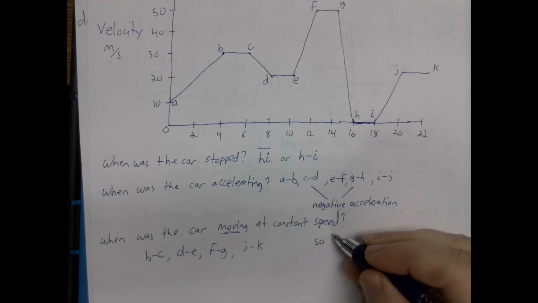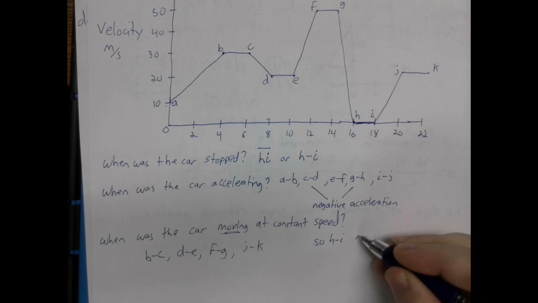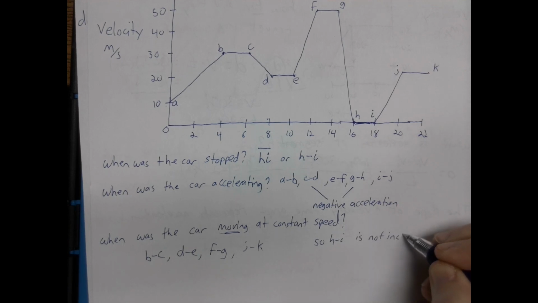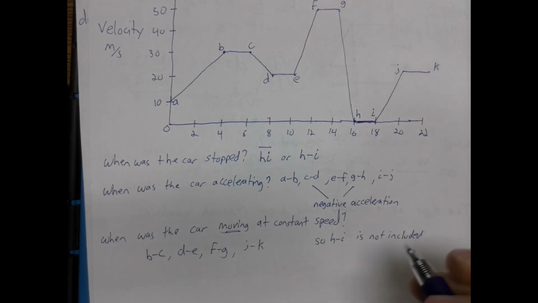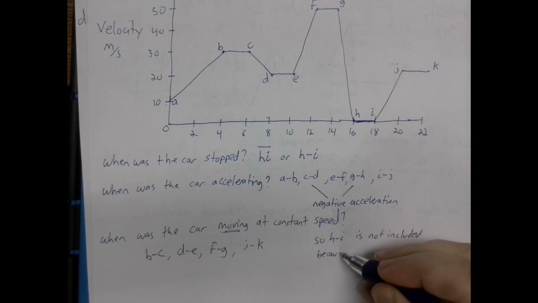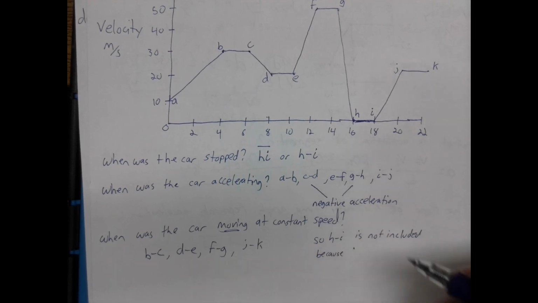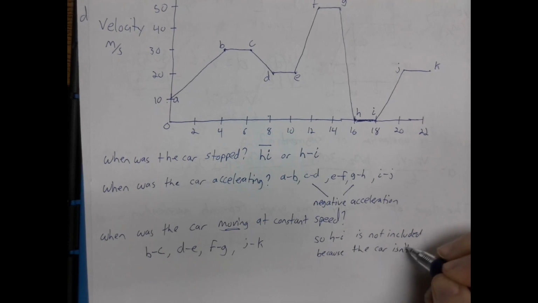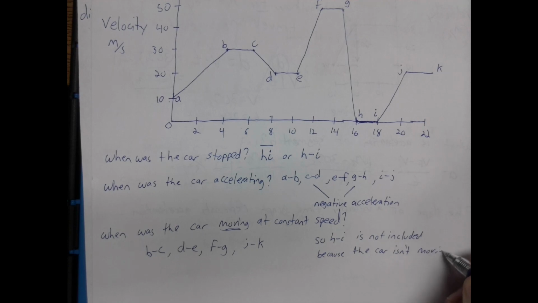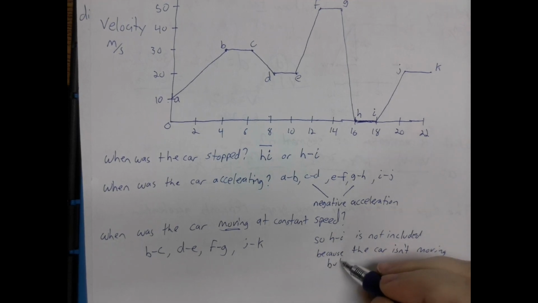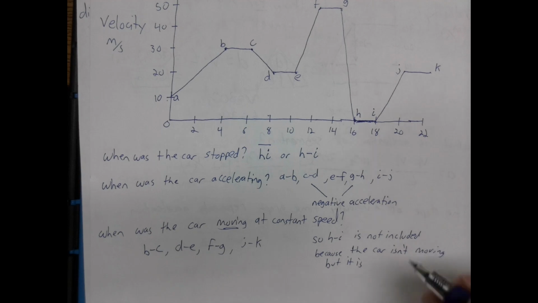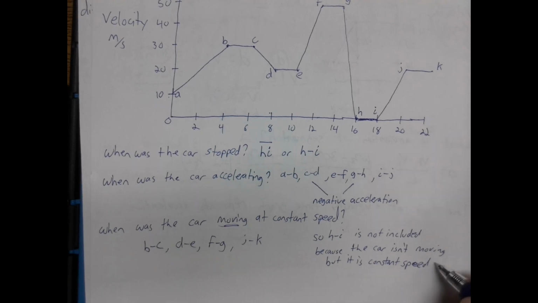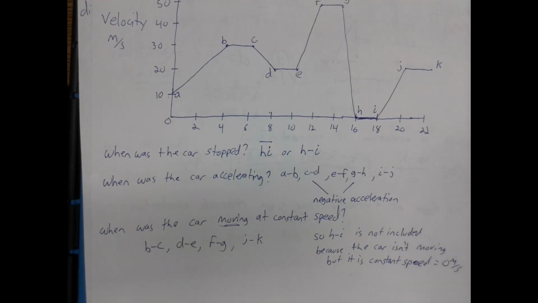So HI is not included because the car isn't moving. But it is constant speed of 0.